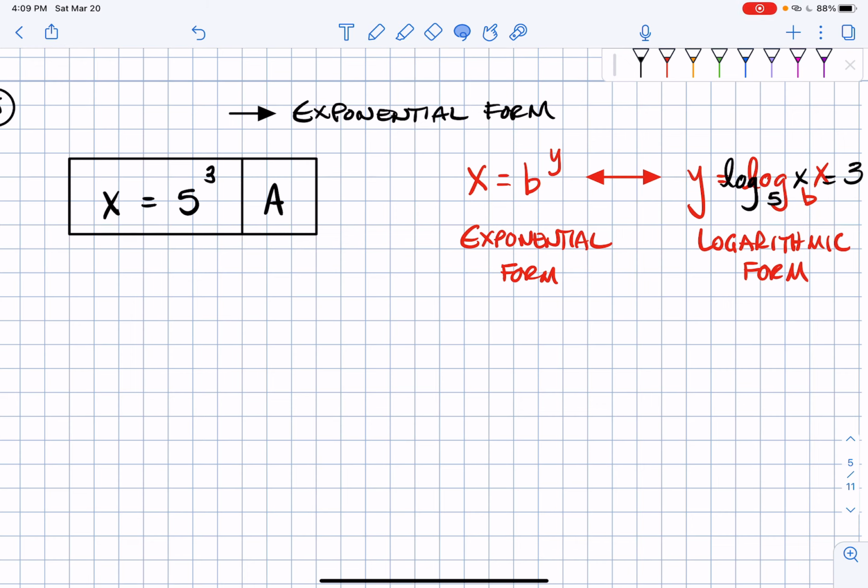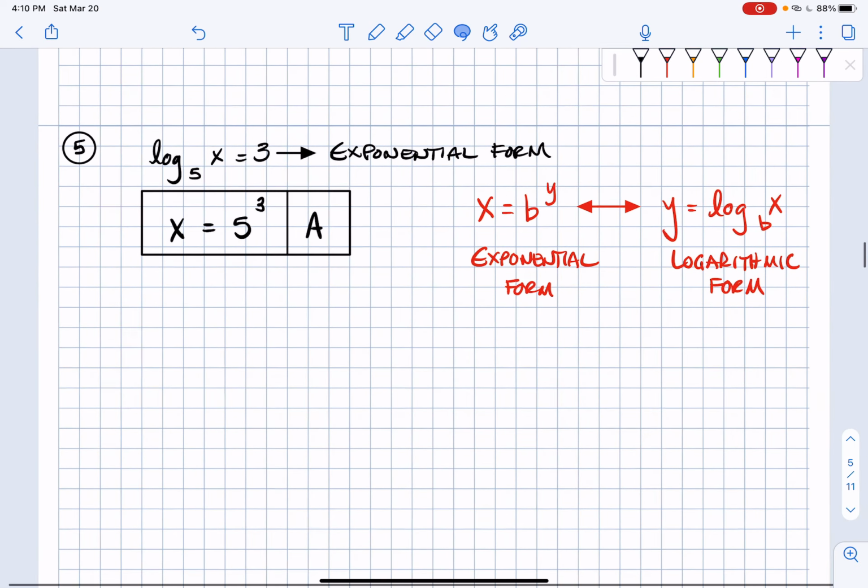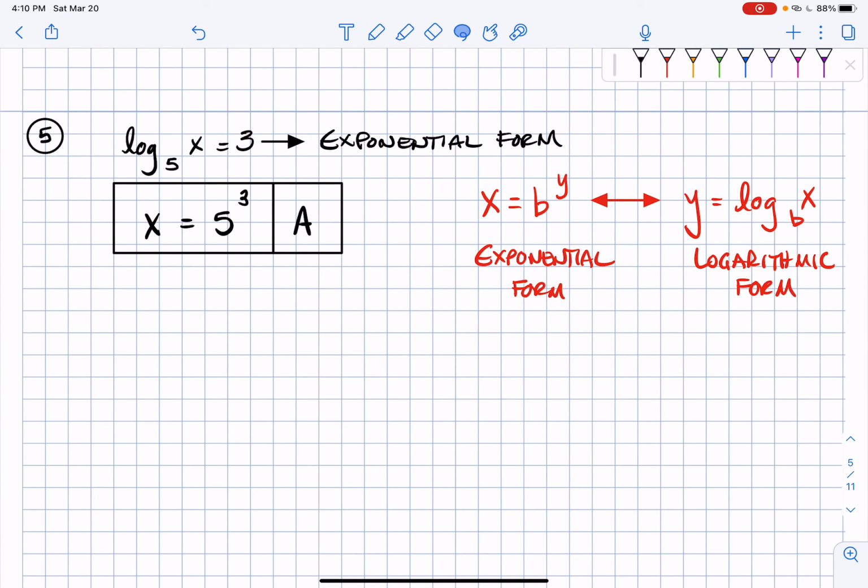All right, so the 3 will go up here, my base of 5 will be right here, and my x would be right there, okay? So if you look at that, the base goes to my 3. Okay, so you could do it that way if you guys want to, and as long as you know this part, that's the biggest issue right there. All right, so that's number 5.